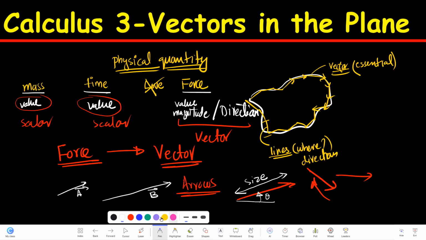It's simple, straightforward. I try to make these things super easy to digest. B is definitely a bigger vector. Which vector is steeper? It means which vector has a smaller angle with the x-axis?